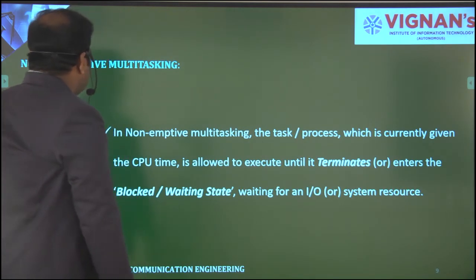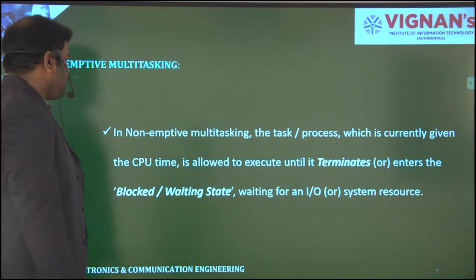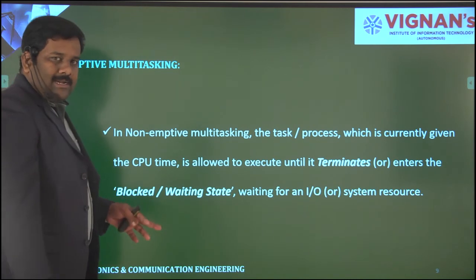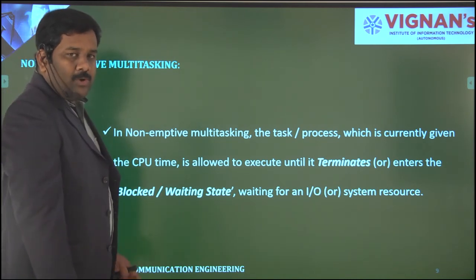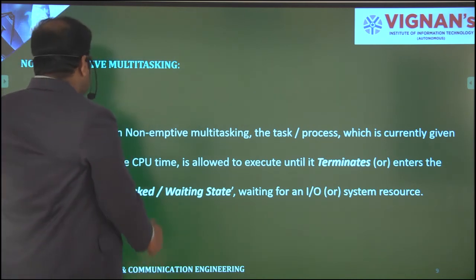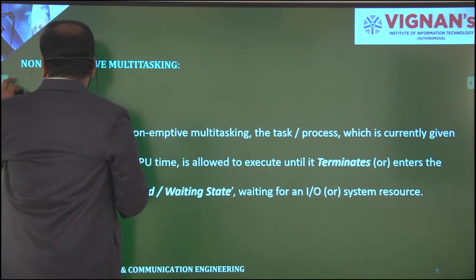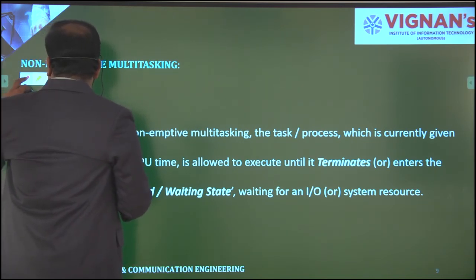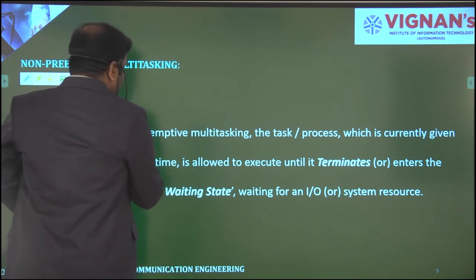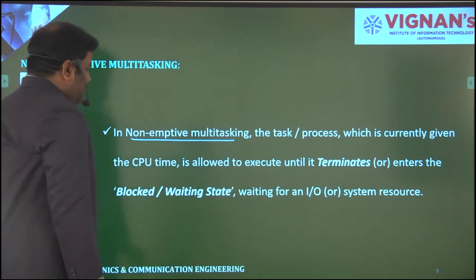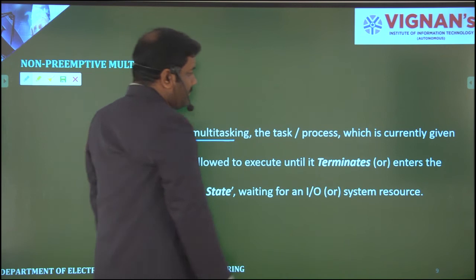And the next one is non-preemptive execution. That's exactly a sequential execution. It won't bother about the priority. So this is non-preemptive multitasking, where CPU time is given in fixed slots.